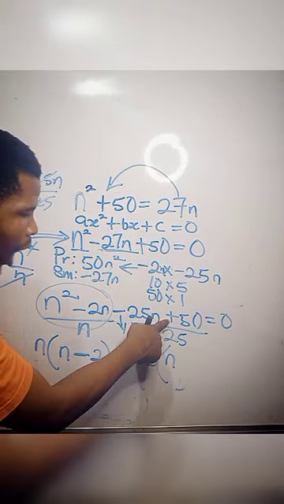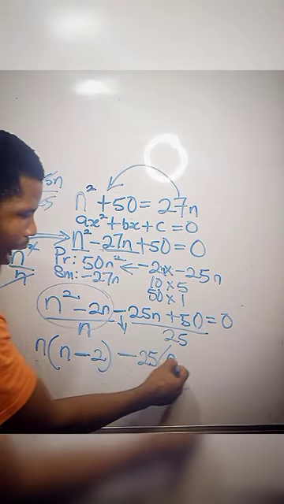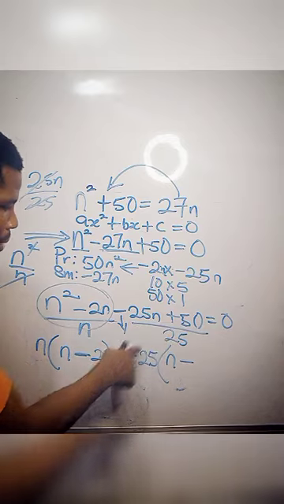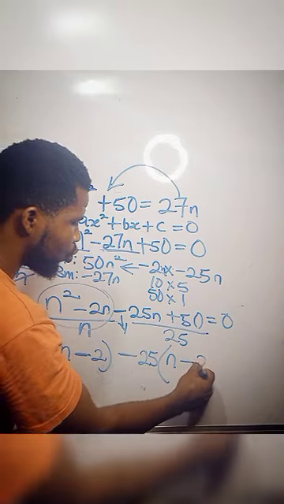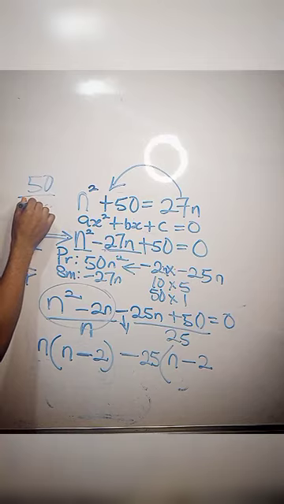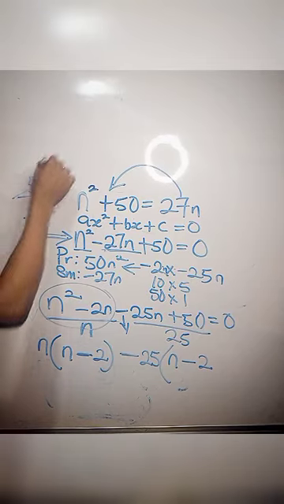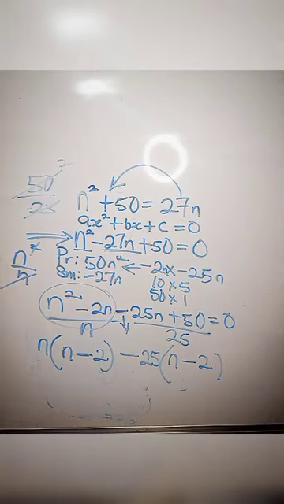Alright? Now plus divided by minus, you have minus. So 50 divided by 25, you have what? 2. 25 here, 25, 2. So 2 is the answer. Close the bracket because you are done with this one.